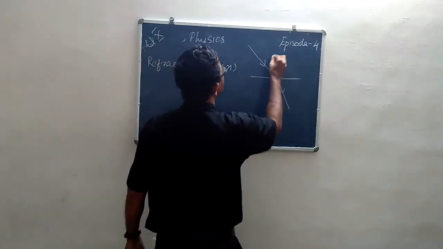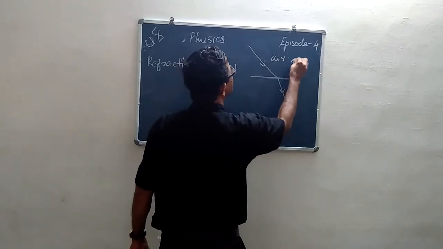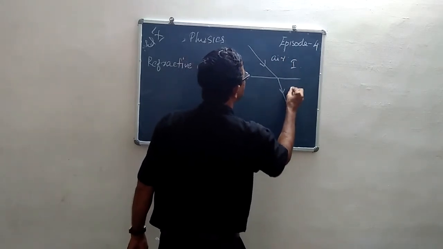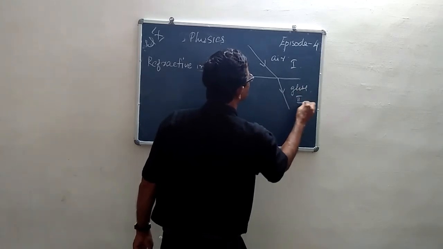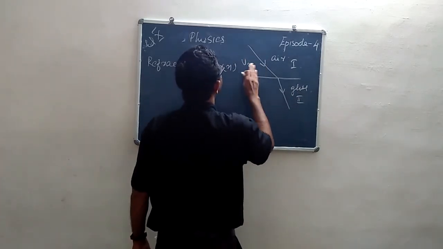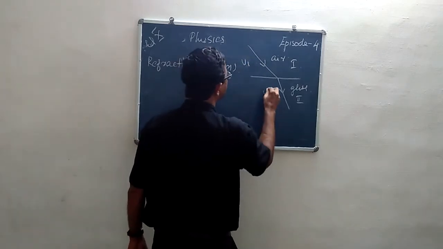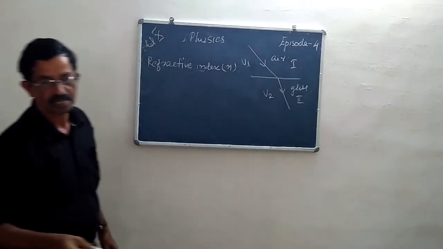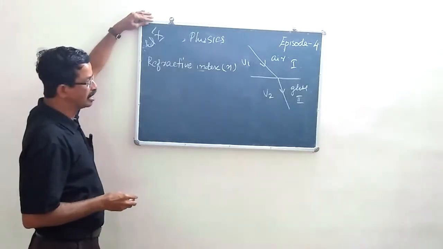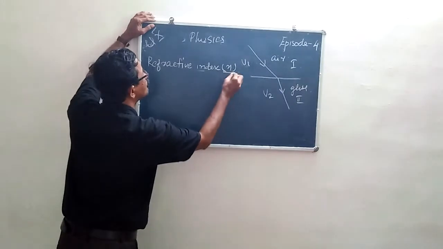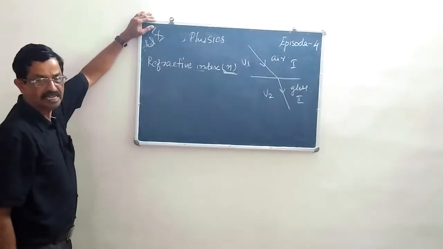This is the medium, for example air first, and this is glass, for example medium 2. Here light travels with speed v1 and here let it be v2. Now refractive index of second medium with respect to first, we use to represent with n.